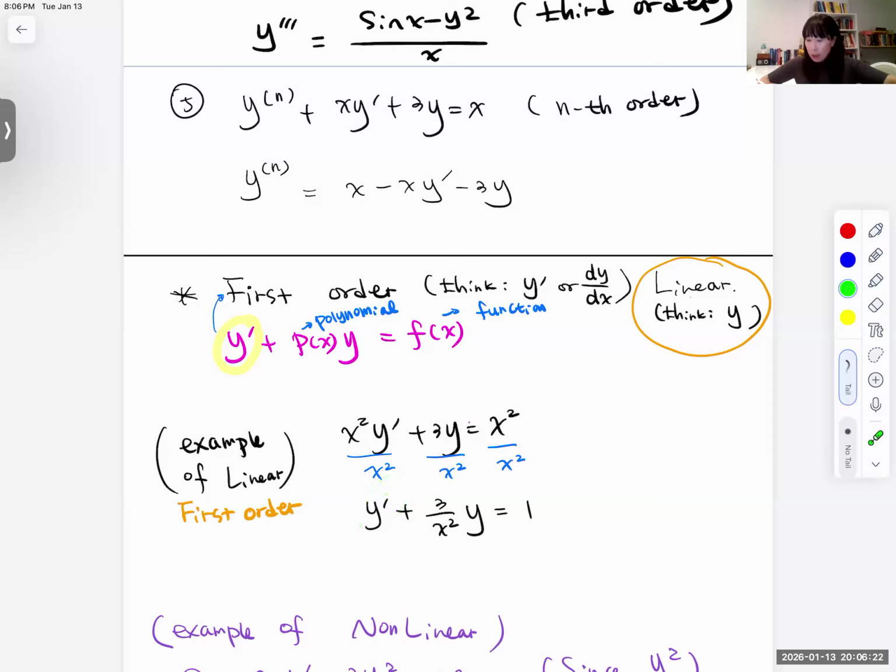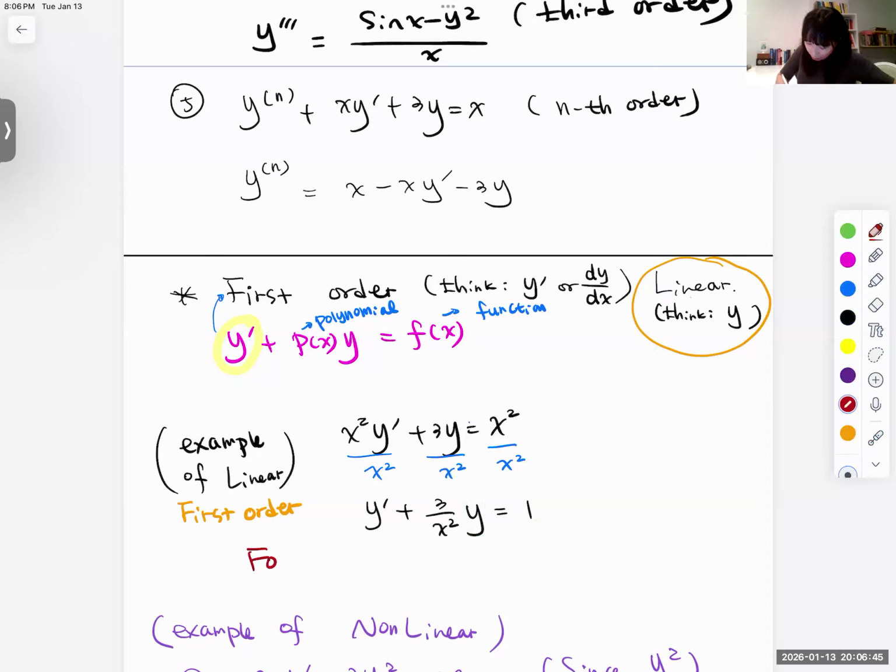The form is y prime plus p of x polynomial times y, and y tells us it's linear, plus the function.